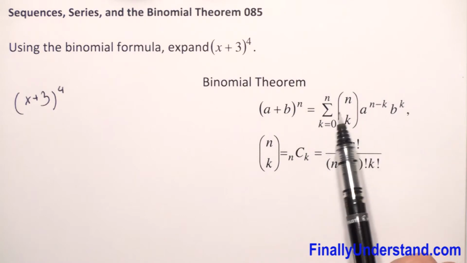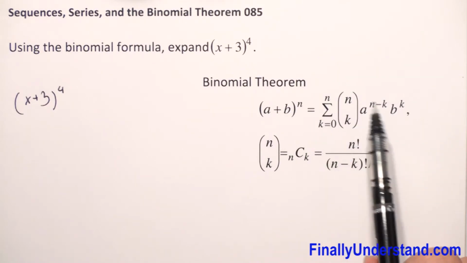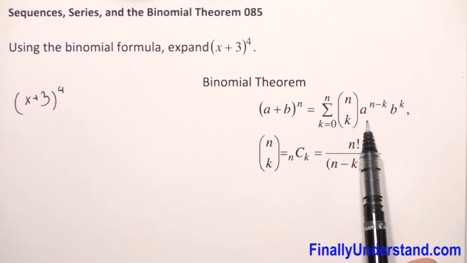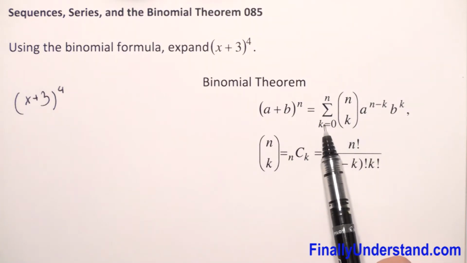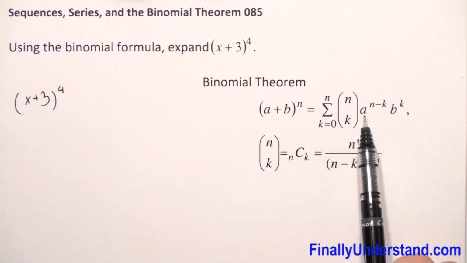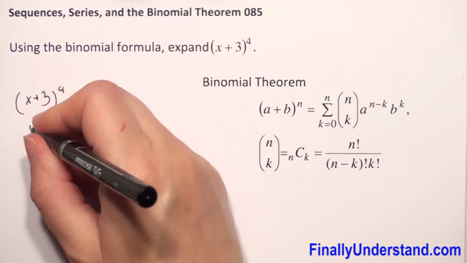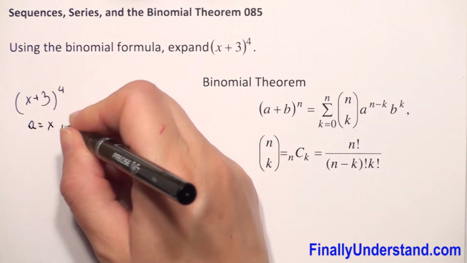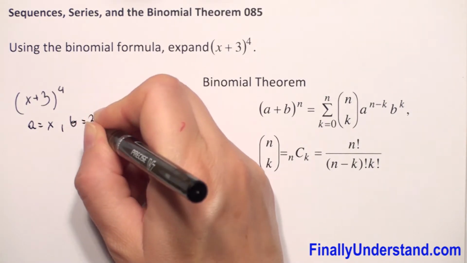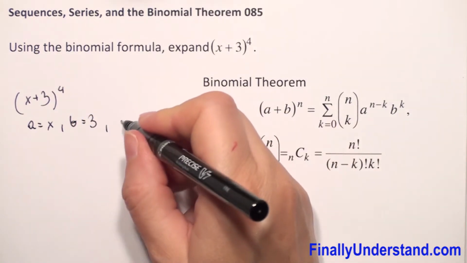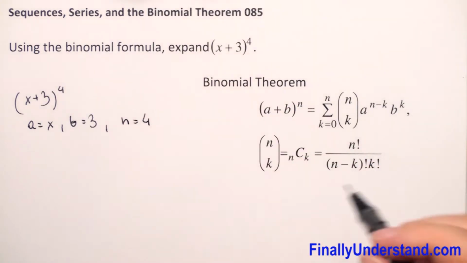Because it's very difficult to memorize this formula, what you have to memorize is that we have a sum first, of the product a times b. In our example, a is equal to x, b is equal to 3, and n is equal to 4.